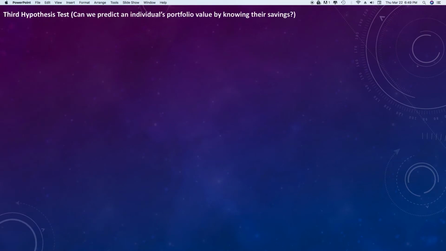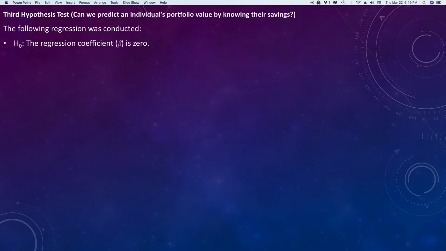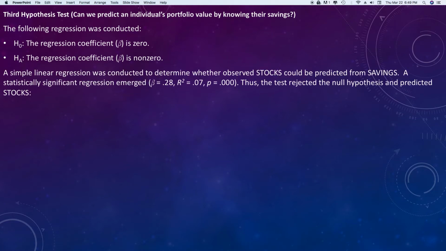In our third test, can we predict an individual's portfolio value, or stocks, by knowing their savings? So once again, we're conducting a regression analysis in which the null states the regression coefficient beta is 0. Our alternative, again, the regression coefficient beta is non-zero. And here's our results.